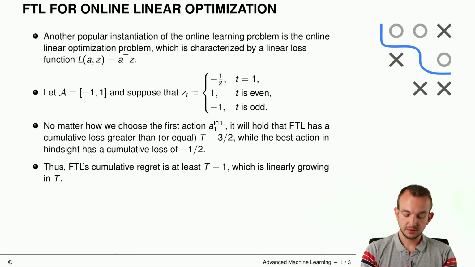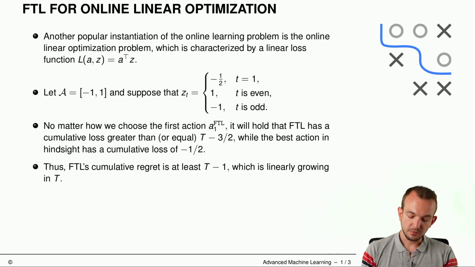But still, the cumulative loss of the follow-the-leader algorithm will be exactly or even greater than the time horizon t -3/2, which is obviously linearly growing with the time horizon. But the best action in hindsight will have a cumulative loss of simply -1/2.